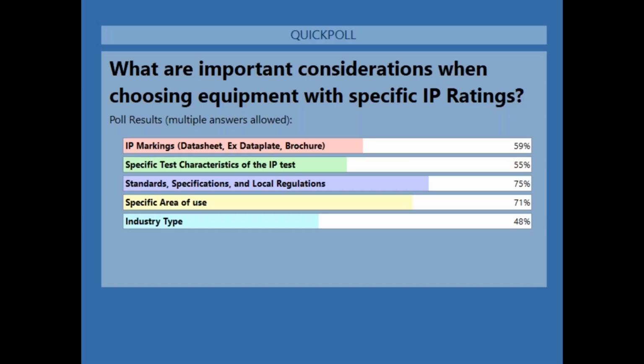Okay. So, what are important considerations? All of them. Absolutely all of them. Now, IP markings, this is important for designers.